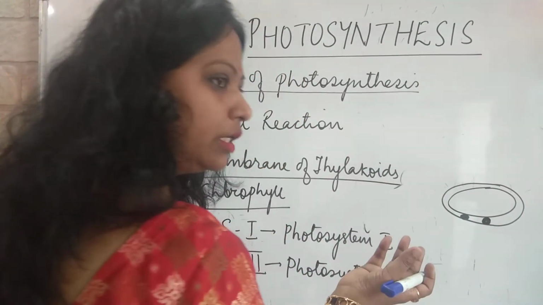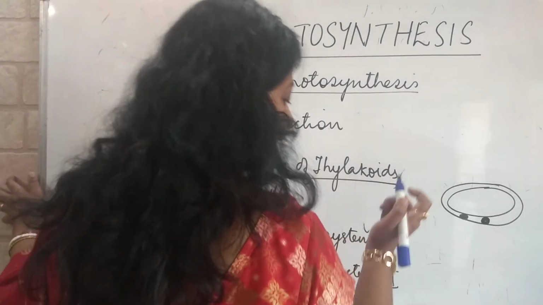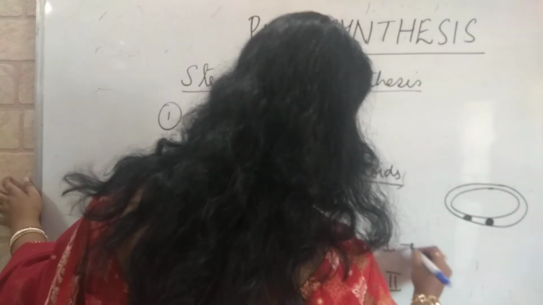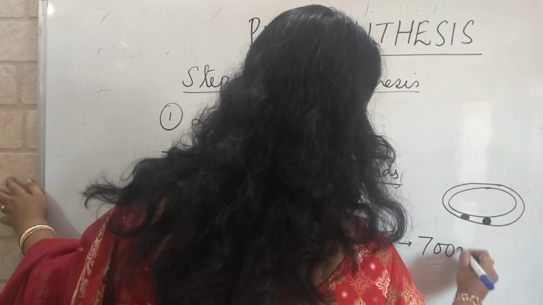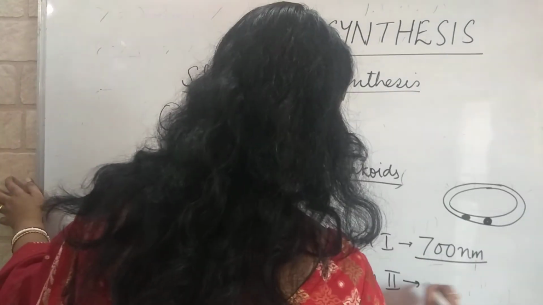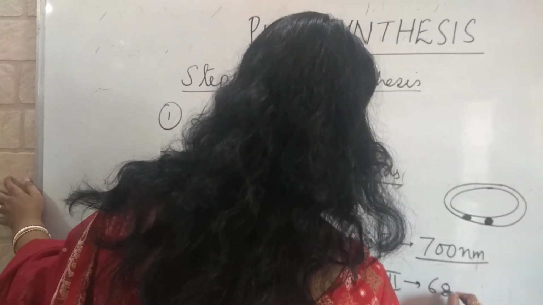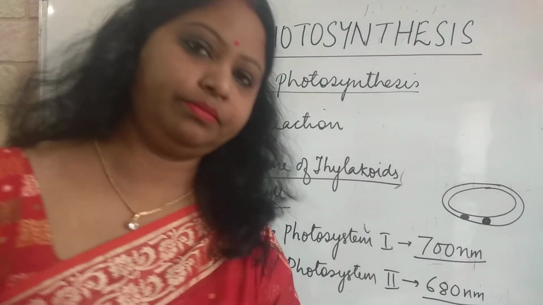There are many other molecules which will absorb the solar radiations. Photosystem 1 will help in absorption of light rays at 700 nm. Photosystem 2 helps in absorption of light rays at a wavelength of 680 nm.